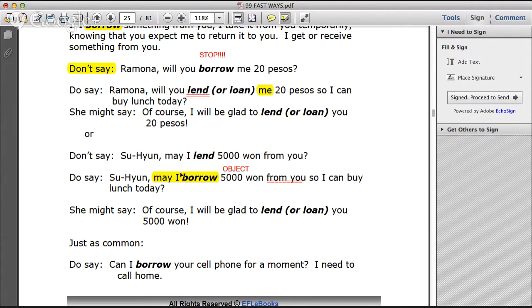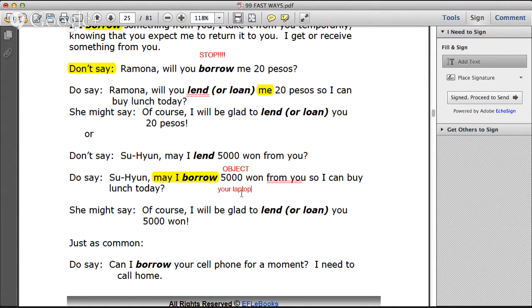So may, subject, borrow, object, from you. All right, that's how you're going to use borrow. May I borrow your laptop? Or may I borrow the laptop from you? You can use a possessive pronoun with the noun there.